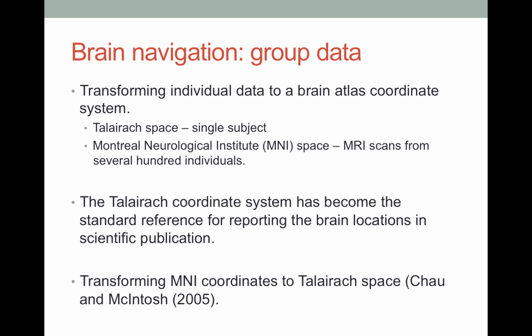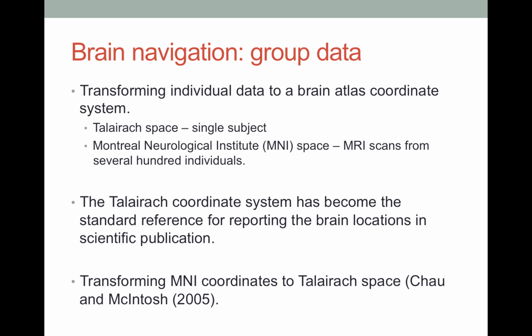So most researchers use an alternative approach based on transformation to a particular brain atlas coordinate system. To perform group studies using functional imaging data, the individual brain images are usually transformed into a common coordinate space.